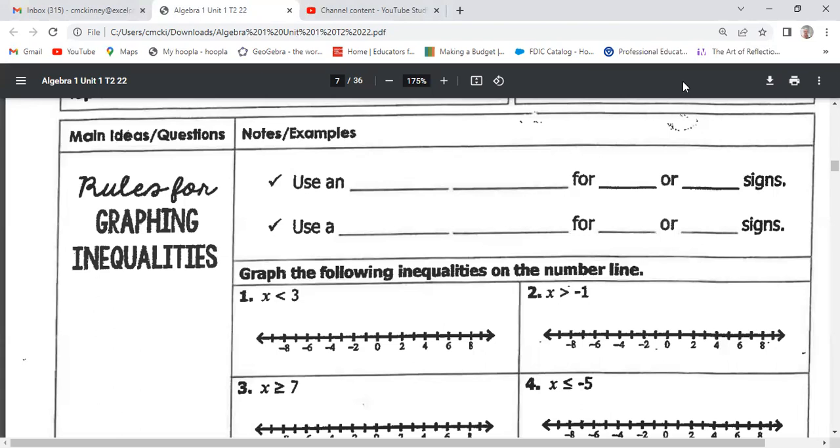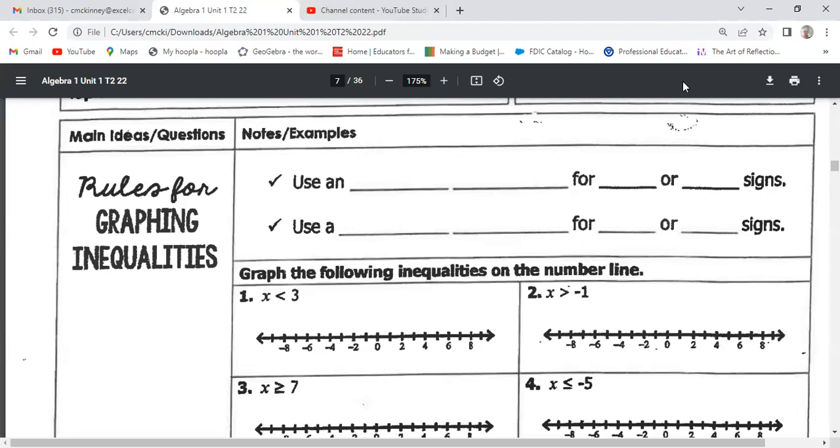And so here we go. Please know that once we get into things that are truly new material, I'll probably go slower and do even more examples. So when we graph inequalities, and as you can see, there are some inequalities already on the screen.